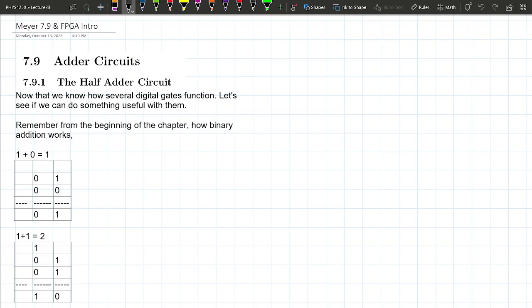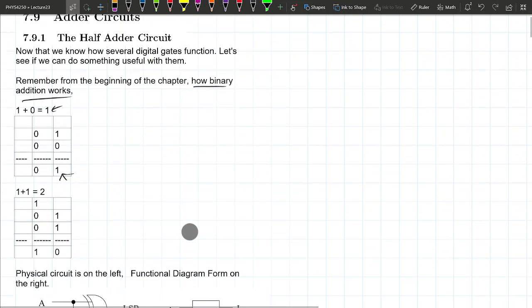So going back, reviewing: if we're adding two numbers together in binary, or even in decimal, we go back to elementary school and put the first number in one row and the second number in another row, and then we just add column by column. So here you've got 1 plus 0 equals 1, and 0 plus 0 equals 0, and the answer is correct.